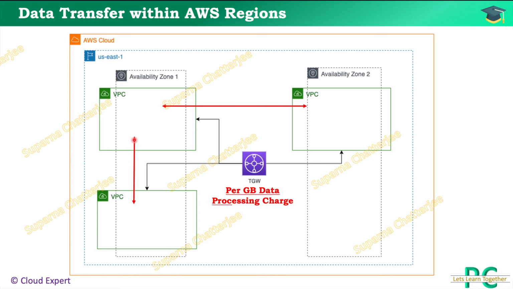In this case, using this Transit Gateway, we have connected VPC-A and VPC-B in the same availability zone, and VPC-A and VPC-C, which are in a different availability zone but within one region, because Transit Gateway is a regional resource.